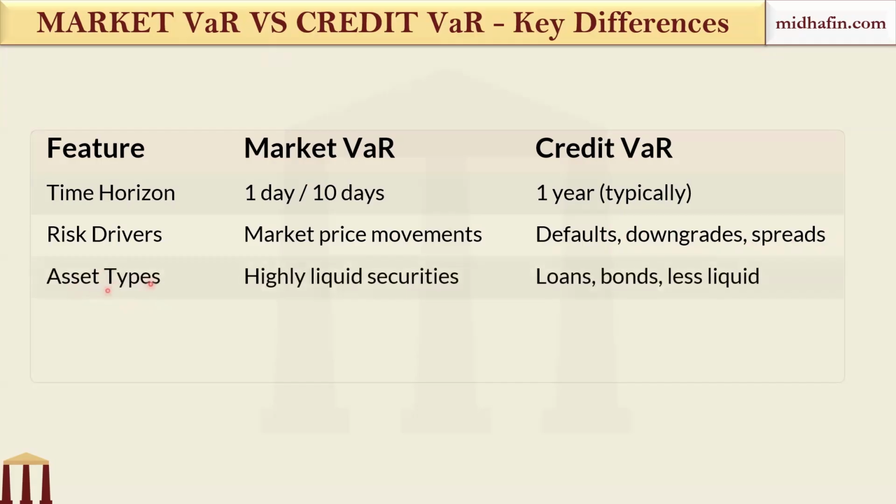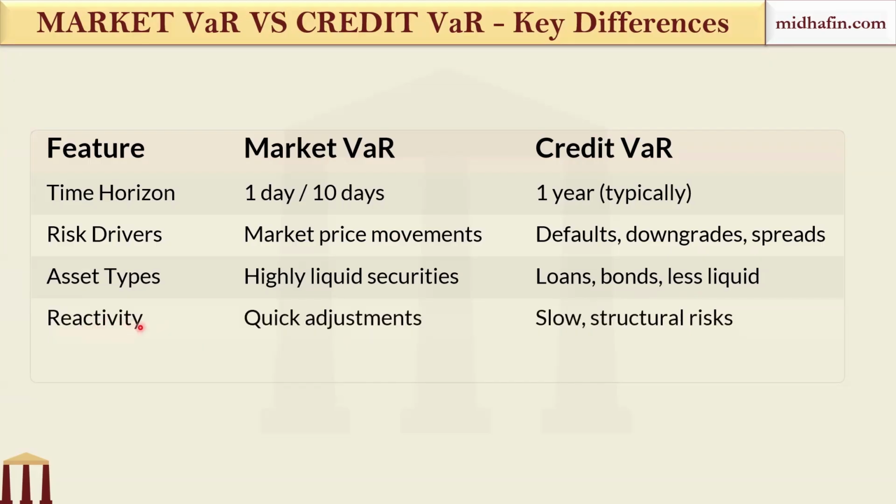Third, look at the asset base. Market VaR is measured on highly liquid securities, mostly instruments that trade on a daily basis. Credit VaR applies to loans and bonds, which are often less liquid and not marked to market as frequently. Fourth, reactivity. Market risk can change instantly and you can quickly hedge or rebalance.